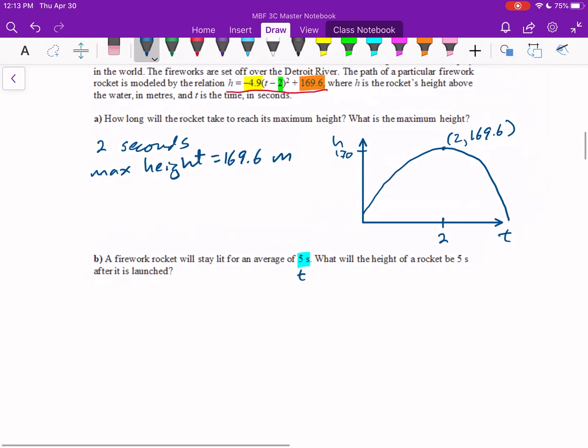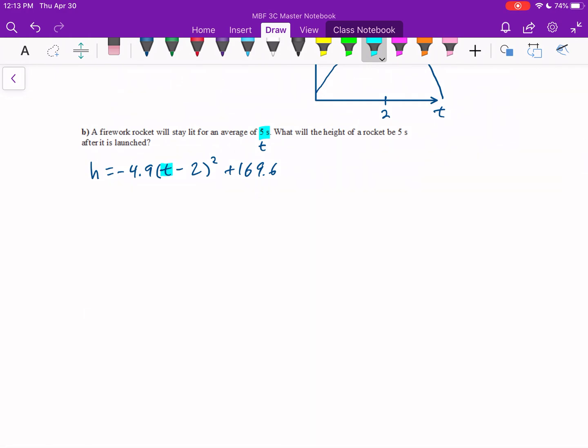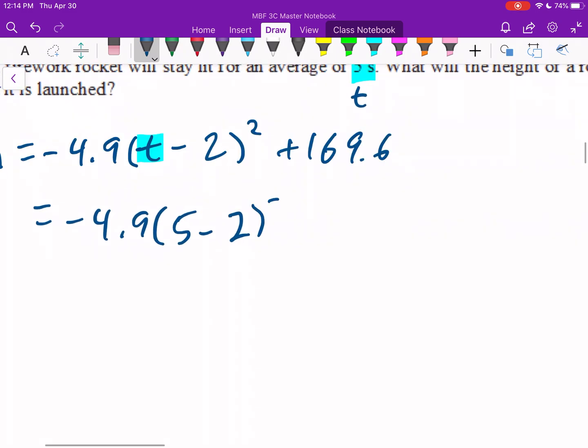So going back to the equation, we're going to start with this equation, and then we're going to plug 5 in for t and see what happens. First we do the brackets, we get 5 minus 2 is 3. Then we square it, we get 9.